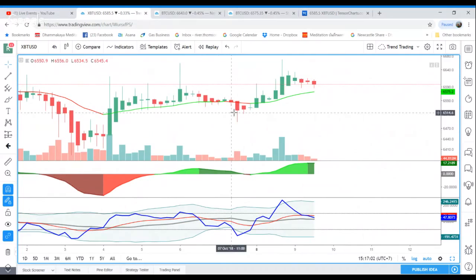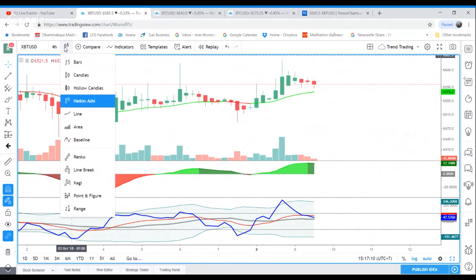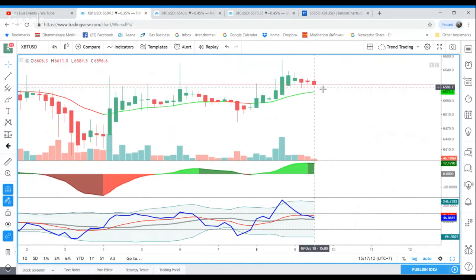So here is the 4 hour. 4 hour though, it's red. So at the moment, not the time to open a long for him. It's not trending up at the moment. Yes, in the 12-hour period, it's looking nice, it's green, but here it's not.